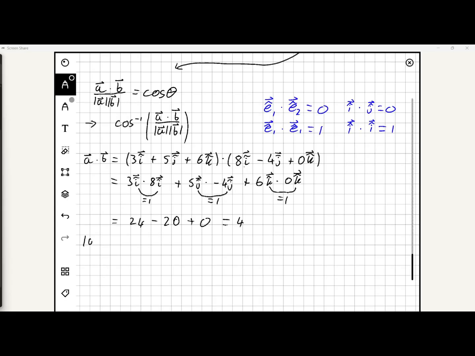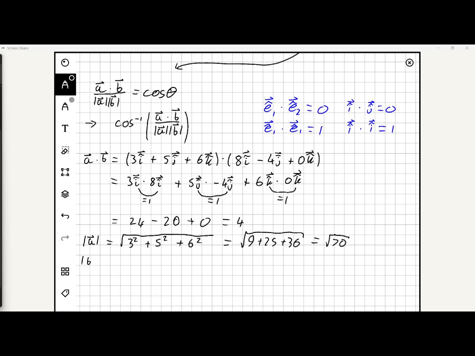So first let's do the magnitude of a, which just equals the square root of 3 squared plus 5 squared plus 6 squared, which is 9 plus 25 plus 36. That is 34 plus 36, which is 70, square root of 70. We can leave it like that for now.